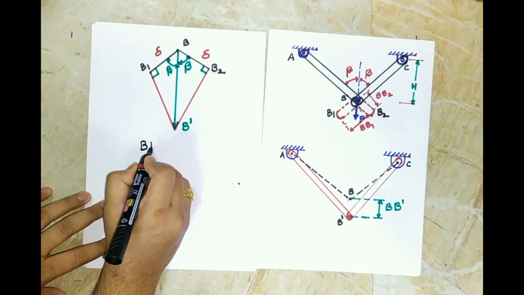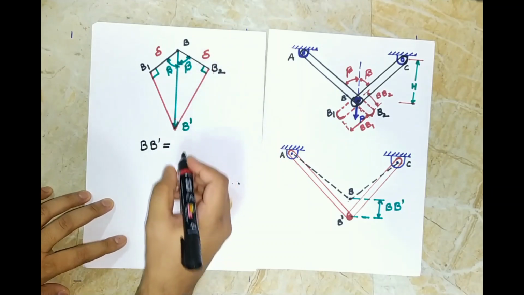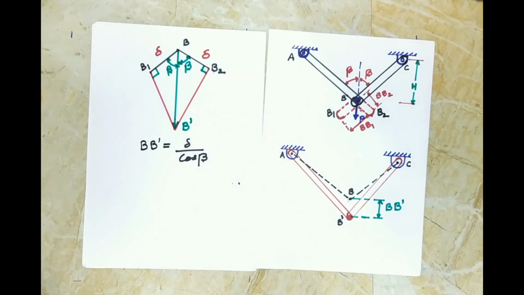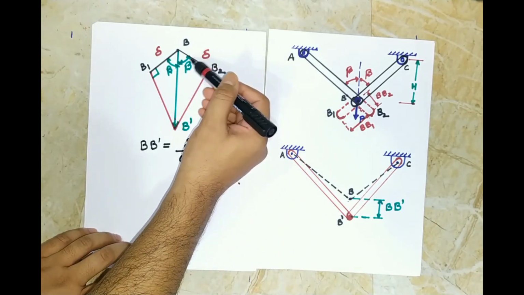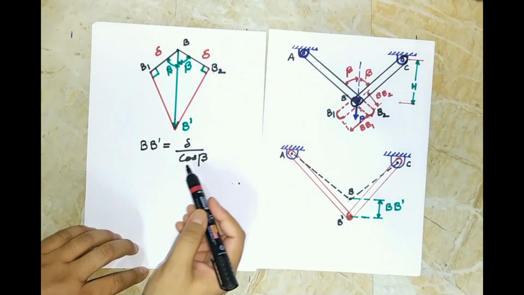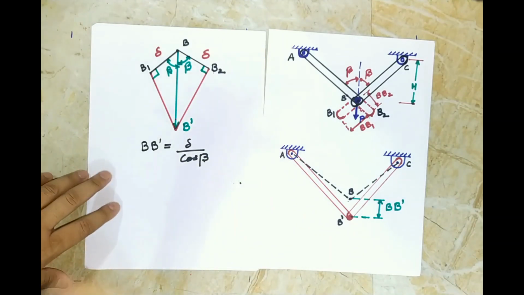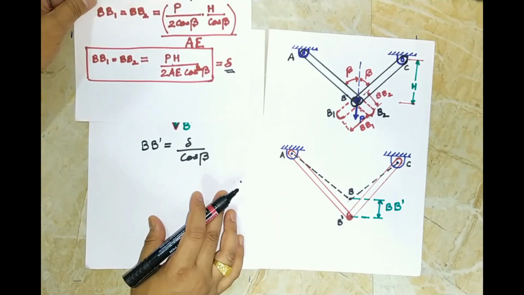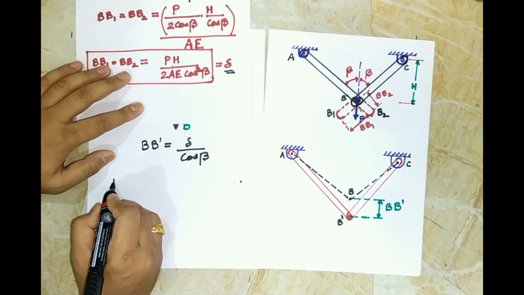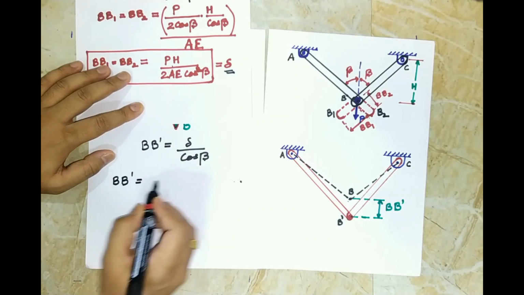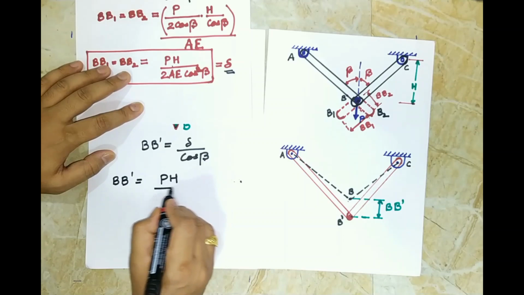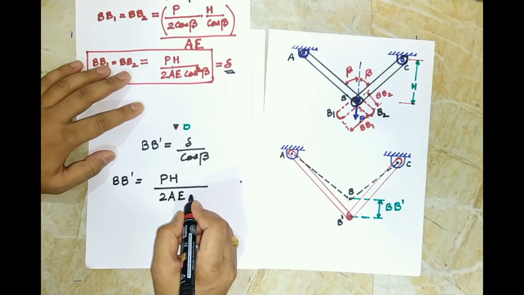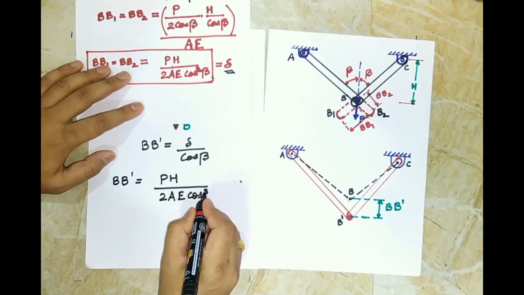BB dash is equal to delta by cos beta, isn't it? This is delta, this is base and this is hypotenuse. So it will be delta by cos beta. Delta we had already calculated to be this. So our BB dash will be PH by 2AE cos cube beta.